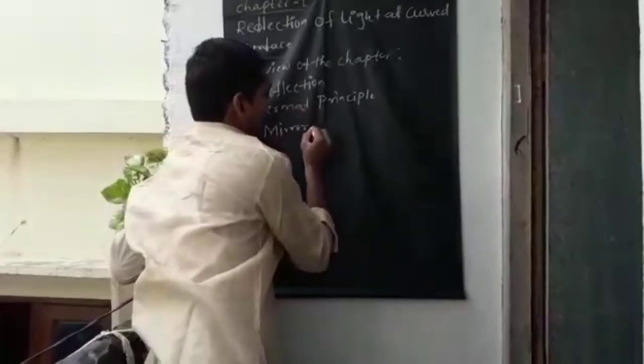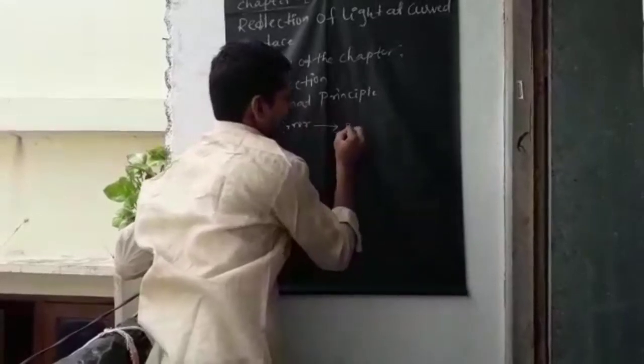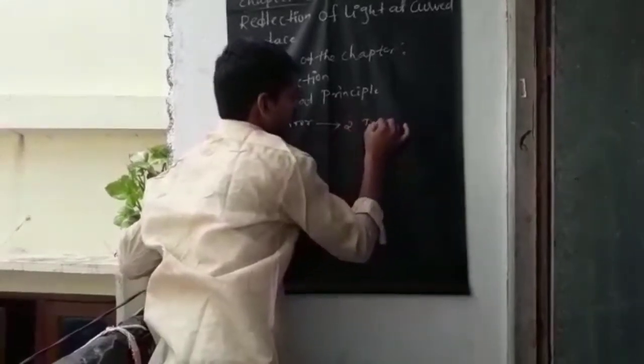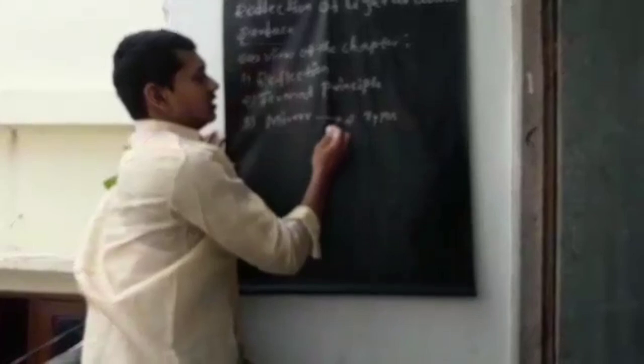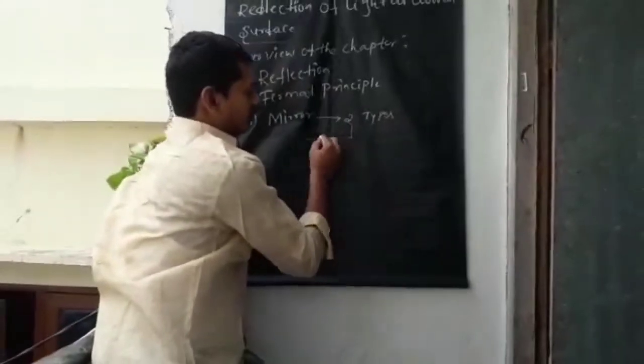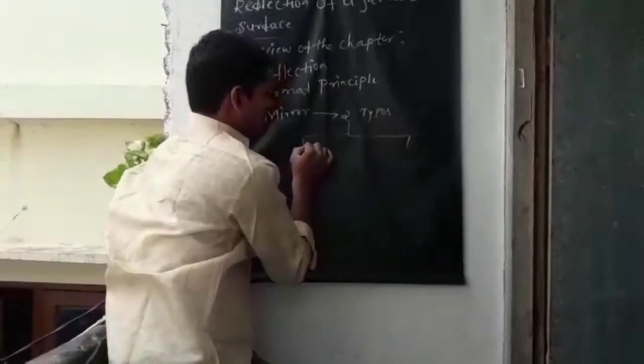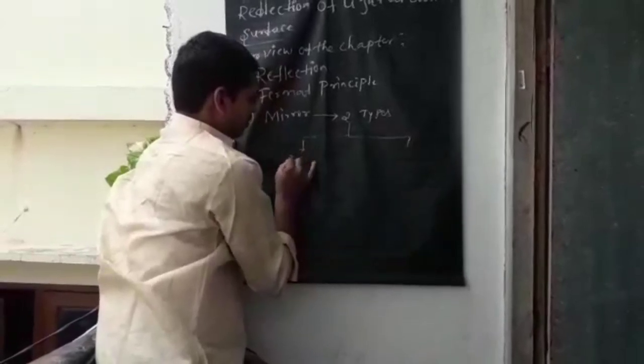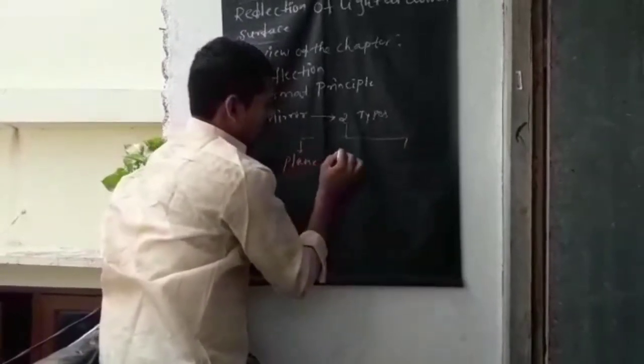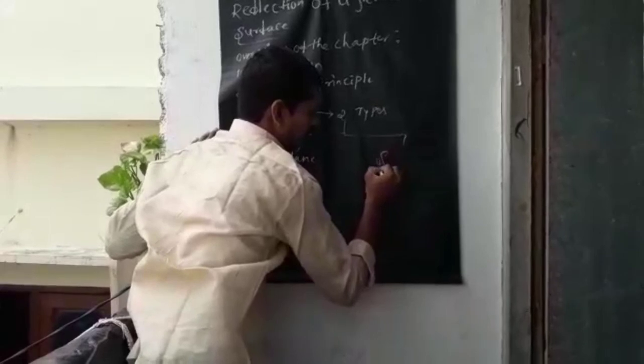So mirrors are mainly two types. One is plane mirrors, and one is spherical mirrors.